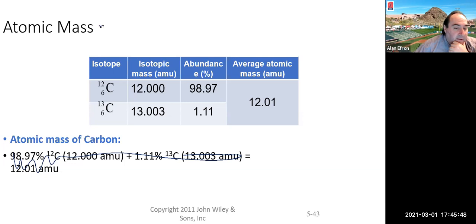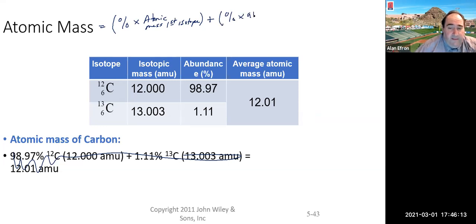So if you wanted to calculate the atomic mass, you would take the percent abundance of the isotope, times it by the atomic mass of the first isotope. Then you would add it, not multiply, but add it, to the percentage of the second isotope that's present, times the atomic mass of the second isotope.